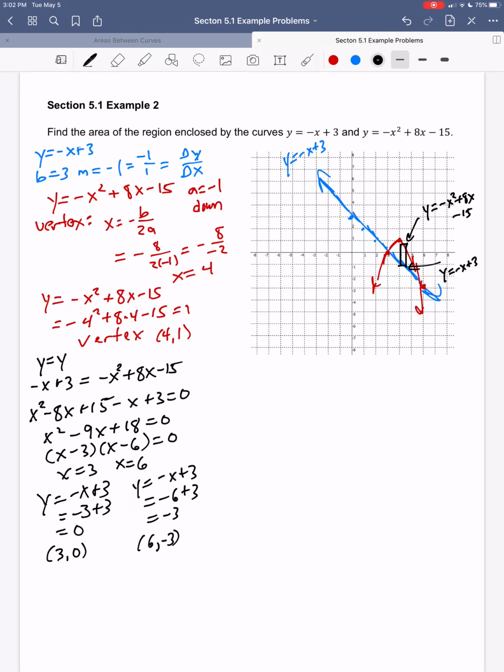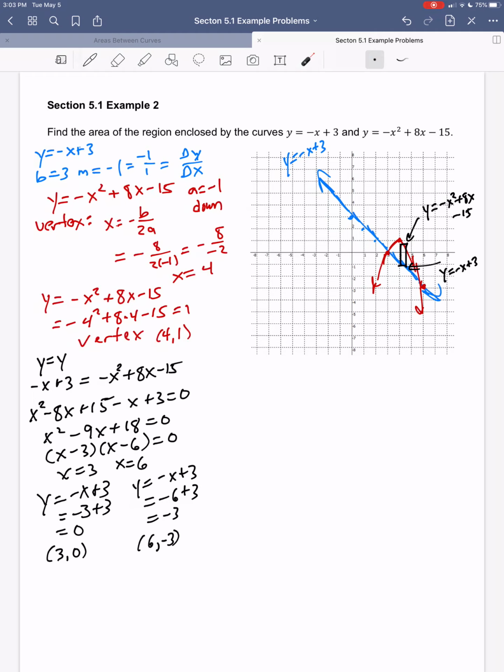And so I would get my integral. Those rectangles start at x equals 3 and they go all the way over here, and they stop over here at x equals 6. The rectangles are going to sort of march across this region. For each one, I'm going to have to take the length. To find that length, I'm just going to subtract these y-coordinates, top minus bottom.